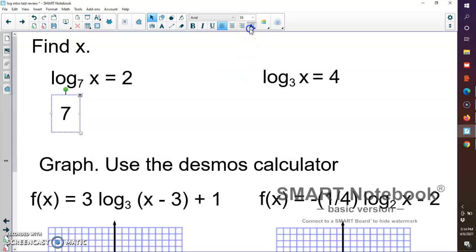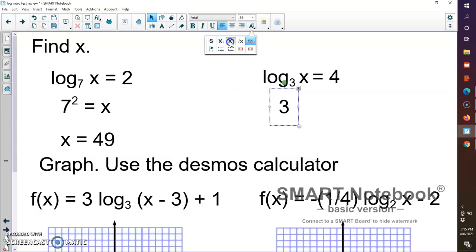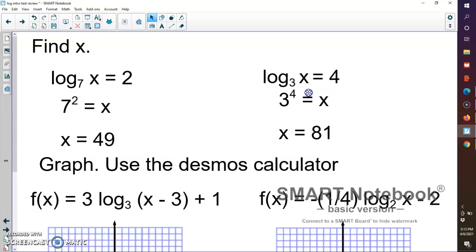That little subscript raised to the number to the right of the equal sign has to equal the number just to the left of the equal sign. So therefore my x equals 49. 7 squared is 49. And then here, 3 raised to the 4th power equals x, and therefore x equals 81, since 3 to the 4th is equal to 81.